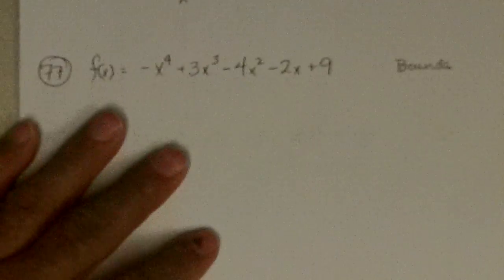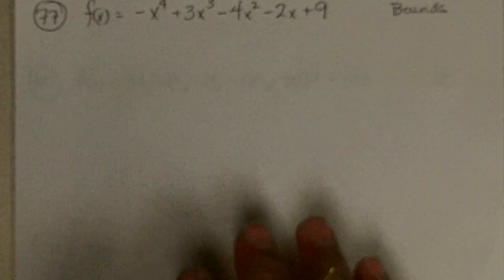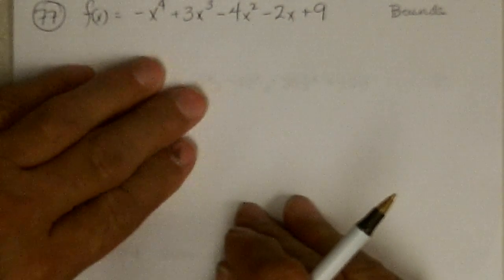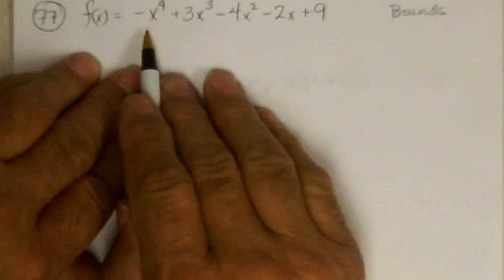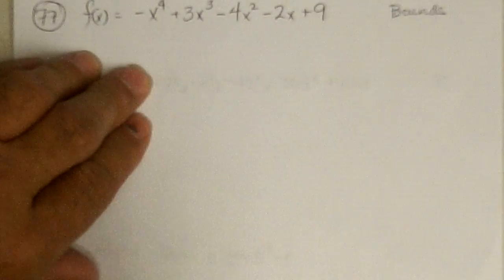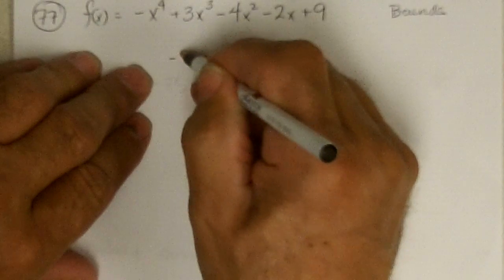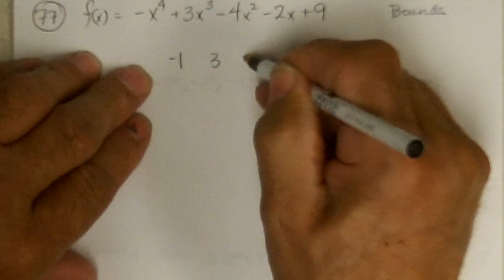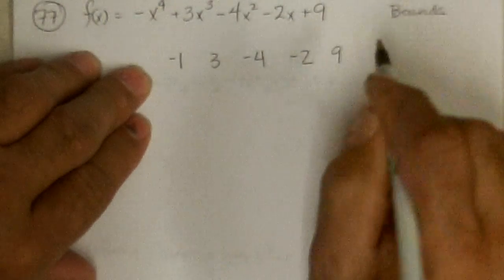And finally, 77 says find the bounds on the zeros. So let's find the positive bound, which, let's see, we got minus 1, 3, negative 4, minus 2, 9.